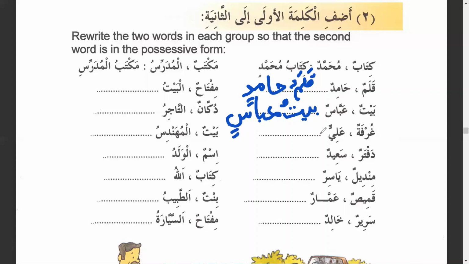Okay. And then for the rest of this column, just say it. This one is Ghurfatu Aliyin. Very good. Then Daftaru Sa'idin. Very good.